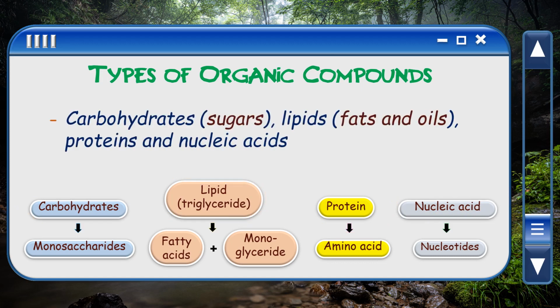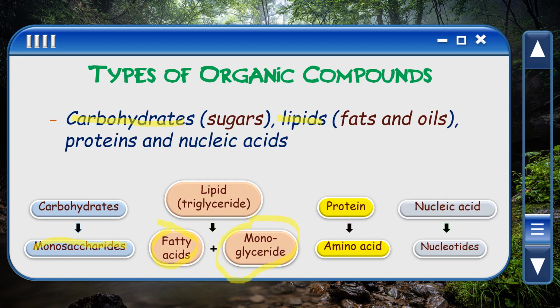Now, we have the carbohydrates. The carbohydrates are made up of sugars, which we call the monosaccharides. Then we have the lipids. Lipids are made up of fatty acids and glycerols.